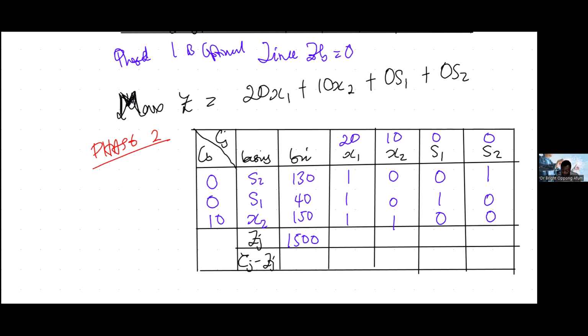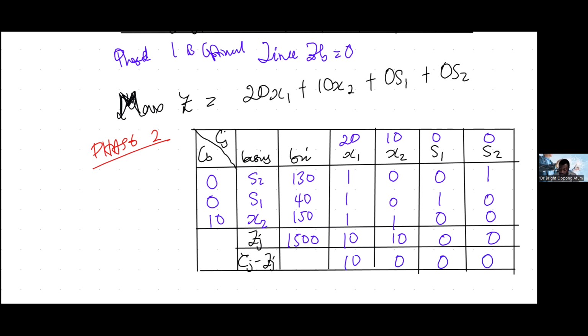The remaining entries are 10, 0, 0, 0, and 0. CJ minus ZJ is 10 here, is 0, is 0, and is 0.